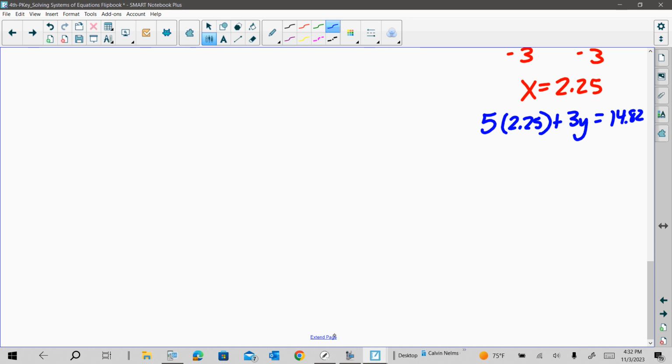Okay, so we're going to simplify this and we get 11.25 plus 3y equals 14.82. Subtract the 11.25. Oops, that doesn't look like 11, sorry.